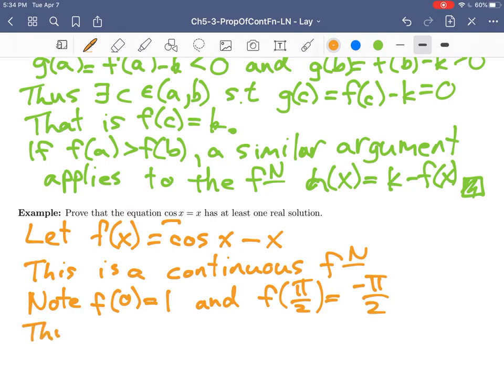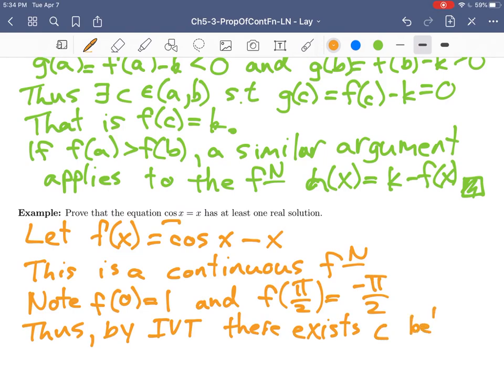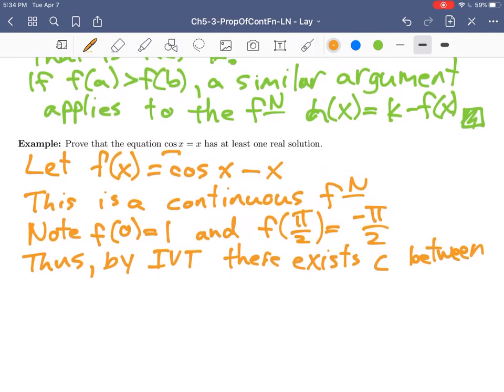Thus, by the intermediate value theorem, there exists a c between 0 and pi over 2 such that f of c has an output of 0.